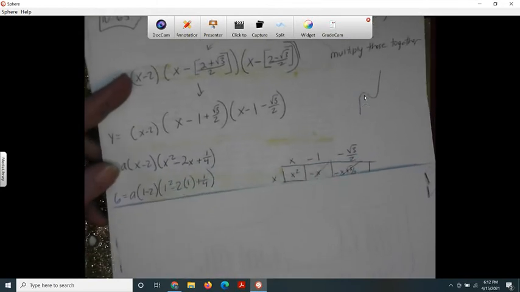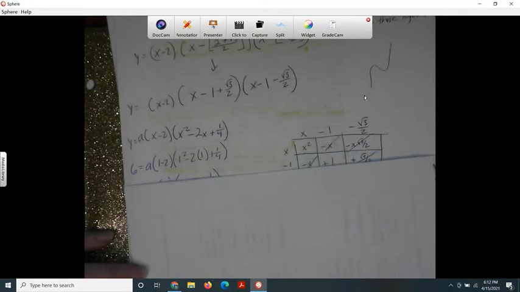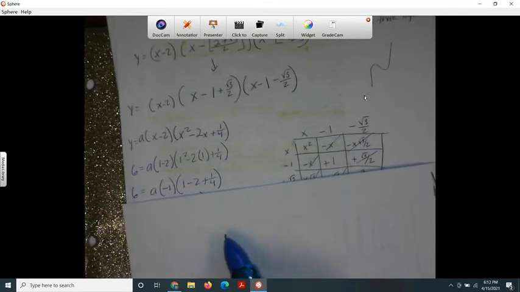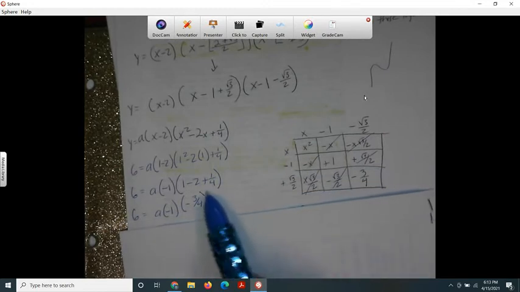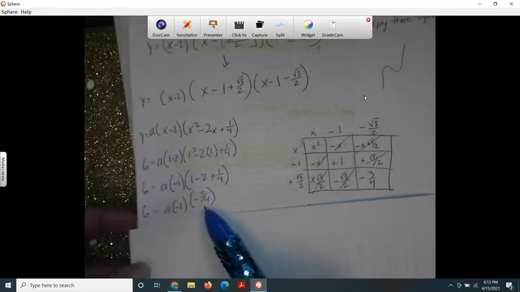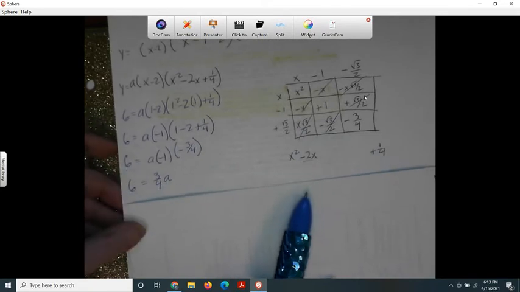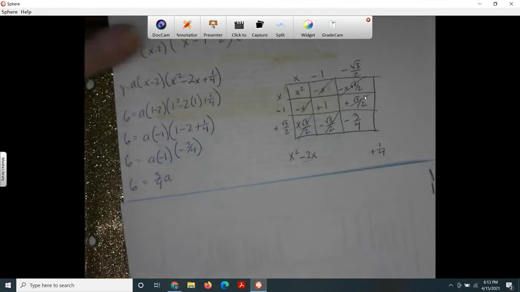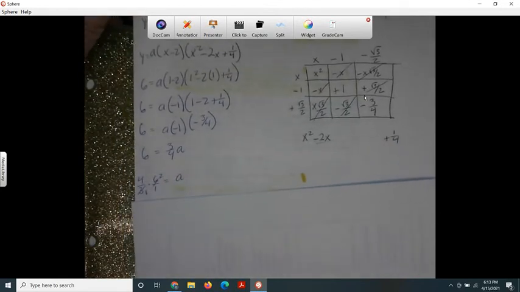I did all that and cleaned it up, squaring and whatnot, and then added those together. I end up with 6 equals 3/4 times A. Then I multiply both sides by 4/3 to get rid of the 3/4, and I did a little fraction math and found out that A was 8.